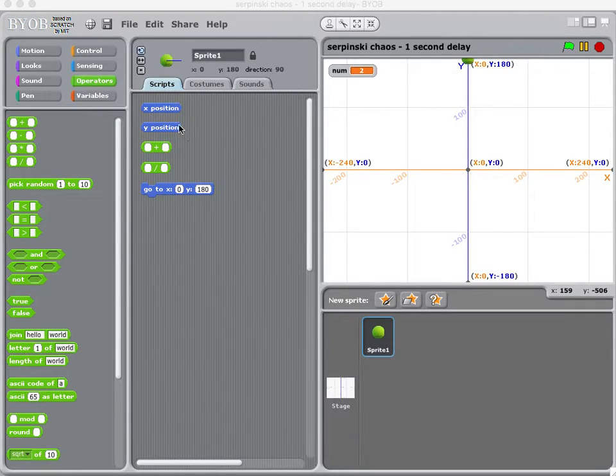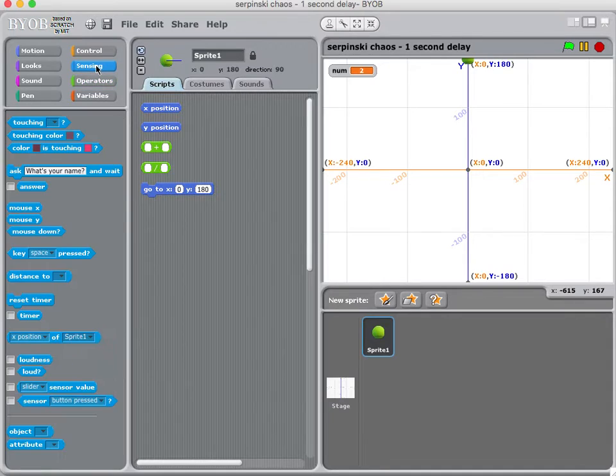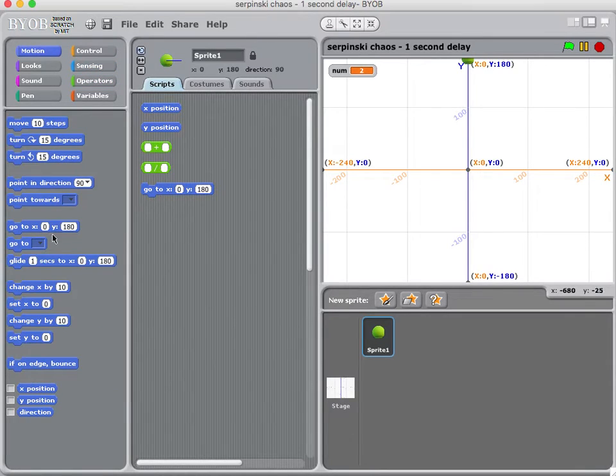You can get the current sprite location by using these XY position blocks that are underneath motion. There it is, X position and Y position. You need to find the midpoint between the sprite's current position and the vertex that corresponds to the random number that's generated.